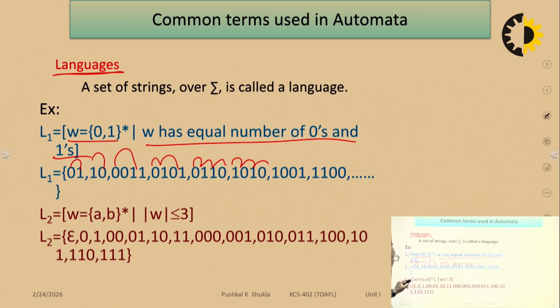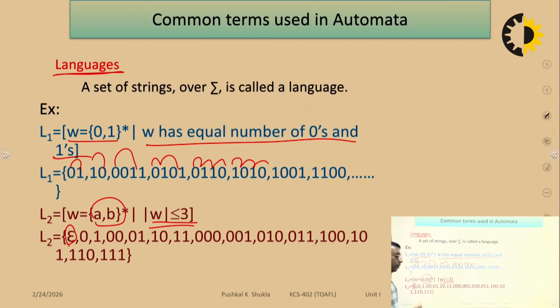Suppose there is a language L2, W in {A, B}* and mod W is less than or equal to 3. So what type of strings are generated in this language? That is AB star, but the length should be less than or equal to 3. The smallest string accepted by this language is epsilon.